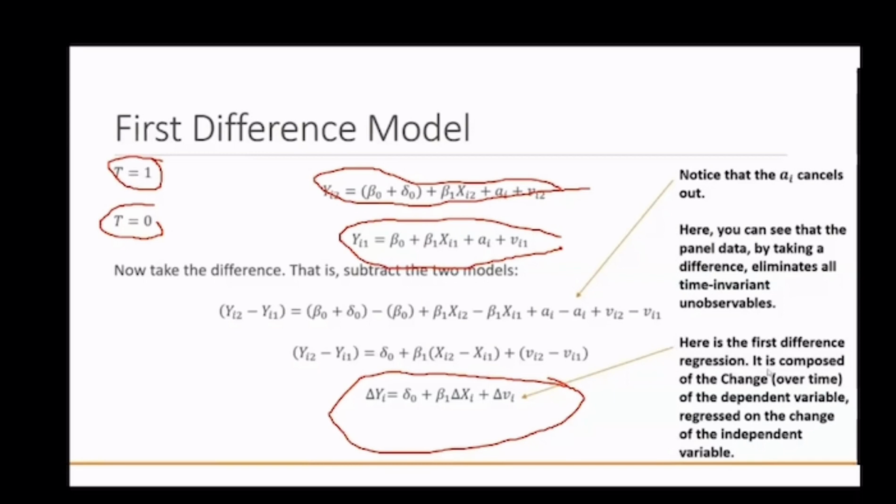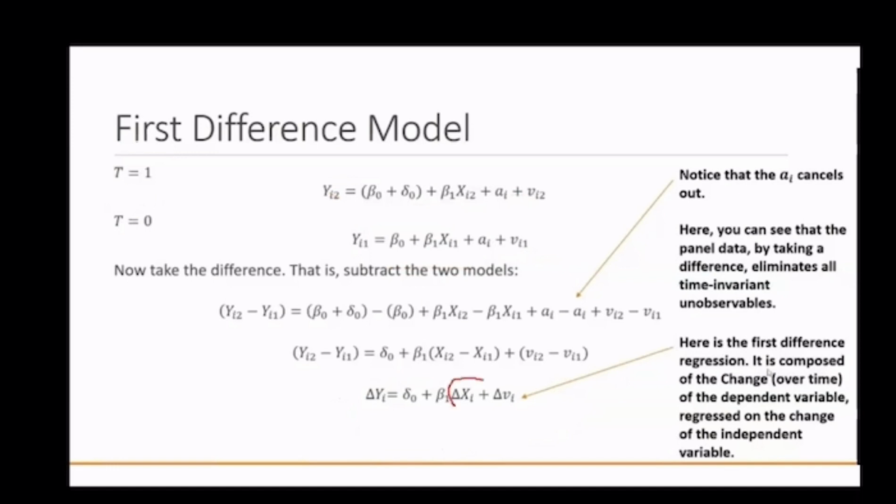You are fitting a regression on the difference in wage, on the difference in years of education, and the difference in error. The assumption here is that the difference in years of education and the difference in error will no longer be correlated. Do you see any time component anymore? There's no time component anymore.